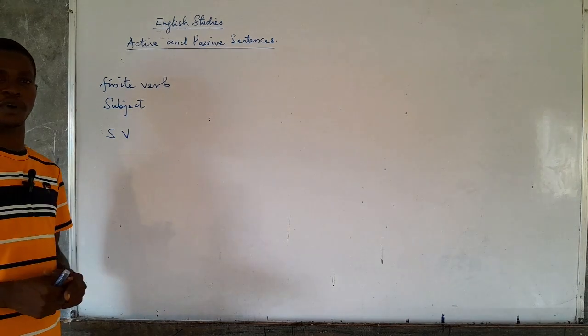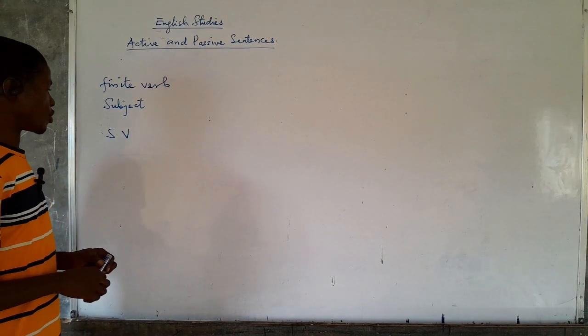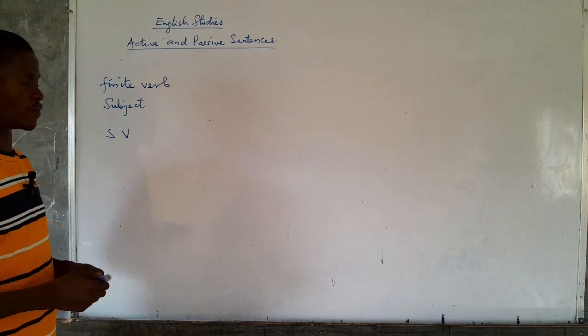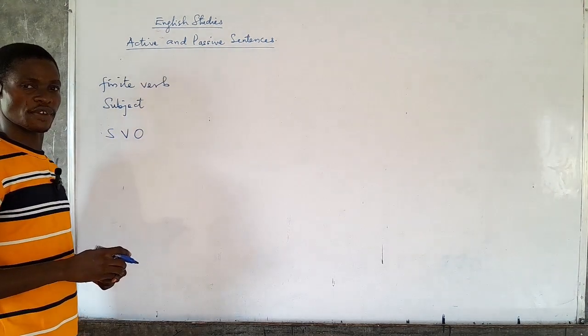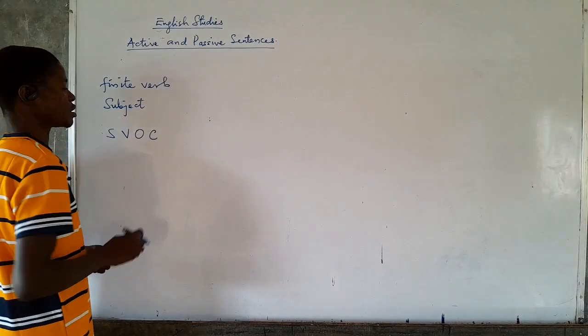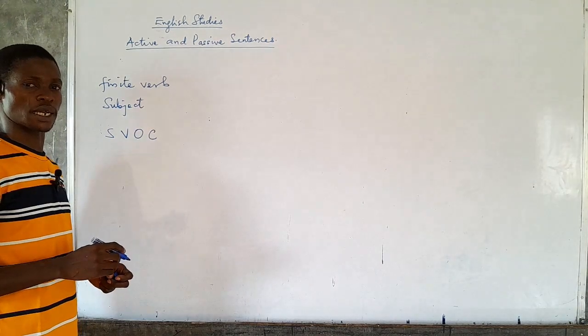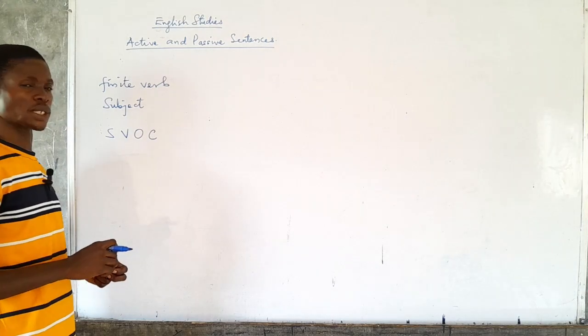Subject, the performer of an action. Verb, the action performed. Now, we have an extended version of it. From this, we can have O, the receiver of an action, known as the object. C, the complement that gives additional information about either the object or the subject.